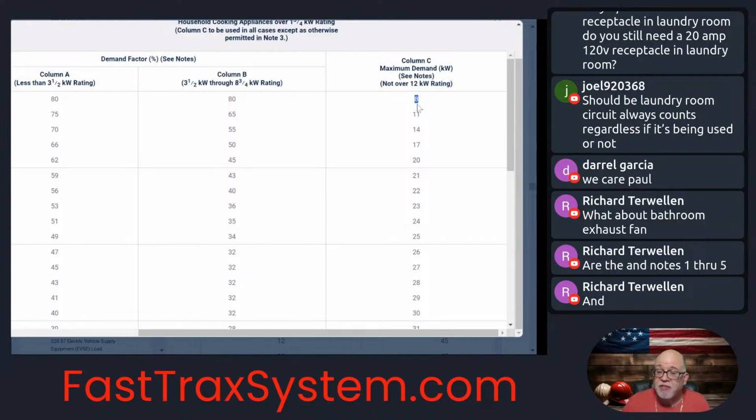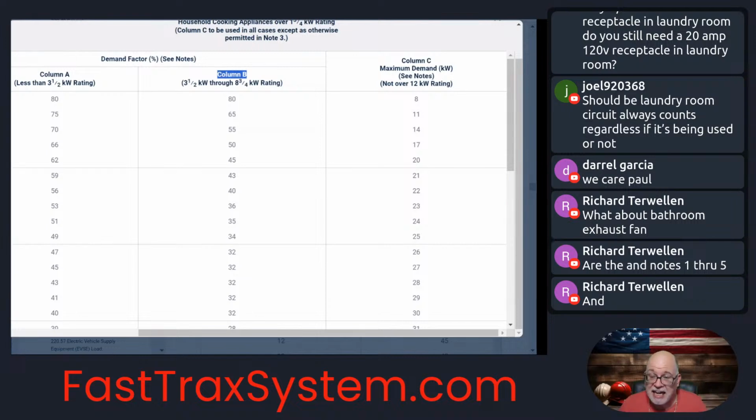If it's a 12 kW range, we would use 8 kW. If it's an 8 kW range, we'd use 8 kW, if we're using column C. But if it's an actual 8 kW range, then you would go over here and compare it to column B, because that means the 8 kW range would fall between 3.5 and 8¾. See how that works?